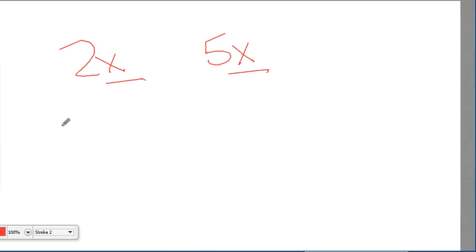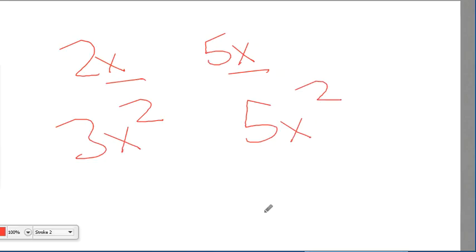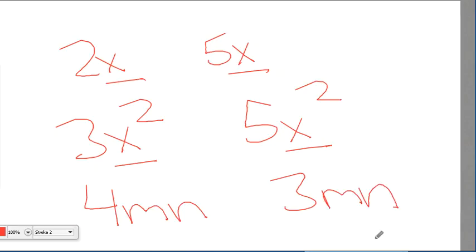If I give you the two terms 3x squared and 5x squared, these would be like terms because they have the same variable raised to the same power. If I give you two terms, 4mn and 3mn, these would be like terms because they both have a coefficient multiplied by the same variables, m times n.